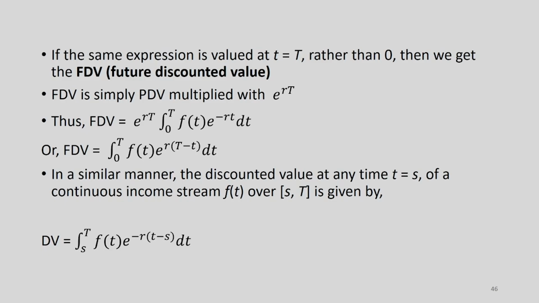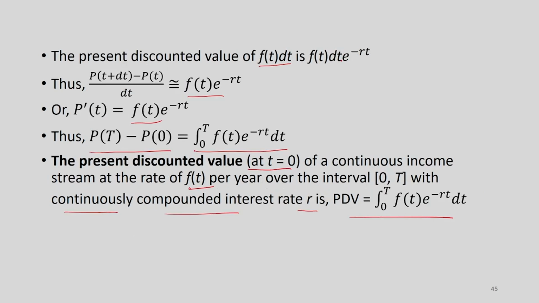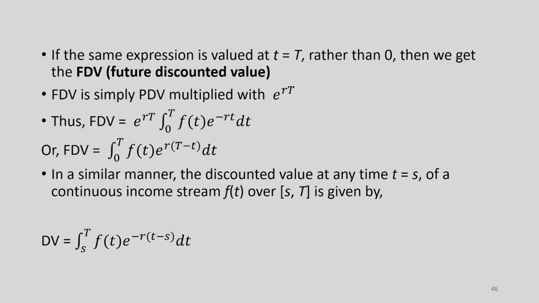So, here the PDV is the discounted value when we are standing at point 0 and we are evaluating the future income stream. But suppose that evaluation is done in future at capital T, then what happens? Then it is called the future discounted value. And how is it evaluated? I just have to multiply the PDV by e to the power r multiplied by capital T. Okay.